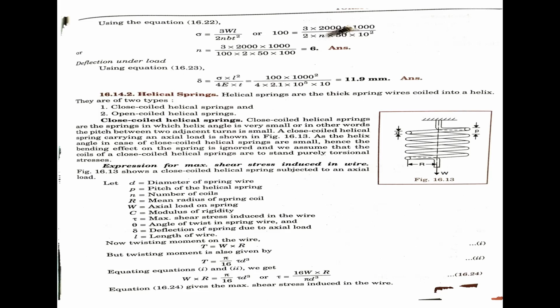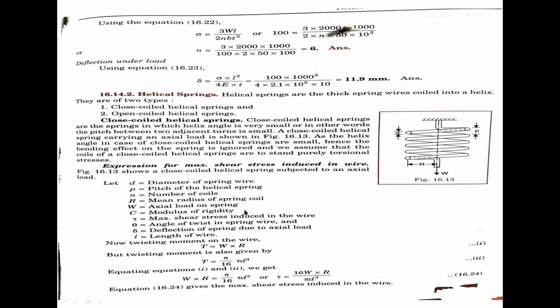Now let d equal to diameter of the spring wire, p equal to pitch of the helical spring, n equal to number of coils, R equal to mean radius of spring coil, W equal to axial load on spring, C equal to modulus of rigidity, tau equal to maximum shear stress induced in the wire, theta equal to angle of twist in spring wire, delta equal to deflection of spring due to axial load, and small l equal to length of wire.